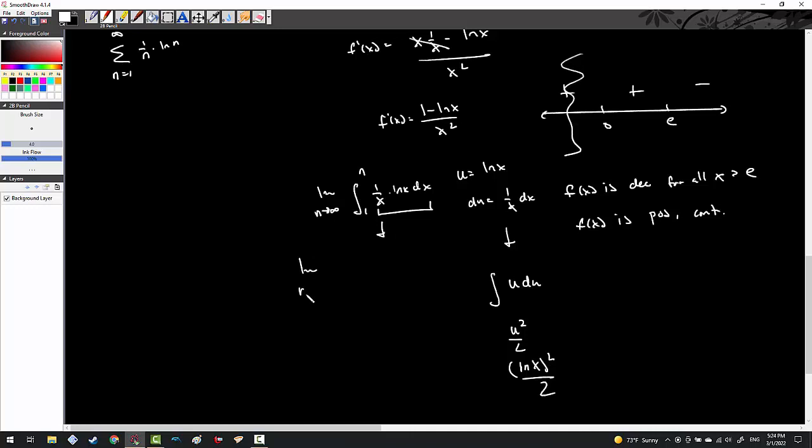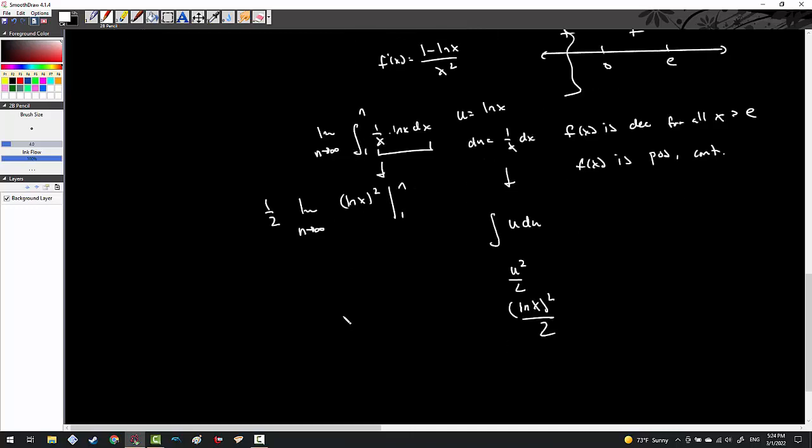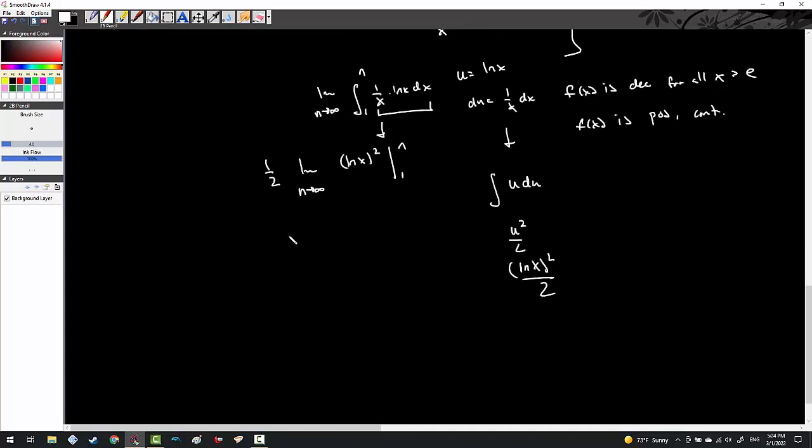So this is really the limit as n goes to infinity of ln of x squared, from 1 to n. I'm going to kick the 1/2 on the outside there. And then if I let this limit happen, so 1/2 limit as n goes to infinity, I'll have ln of n squared minus ln of 1 squared. Of course, that one's 0.